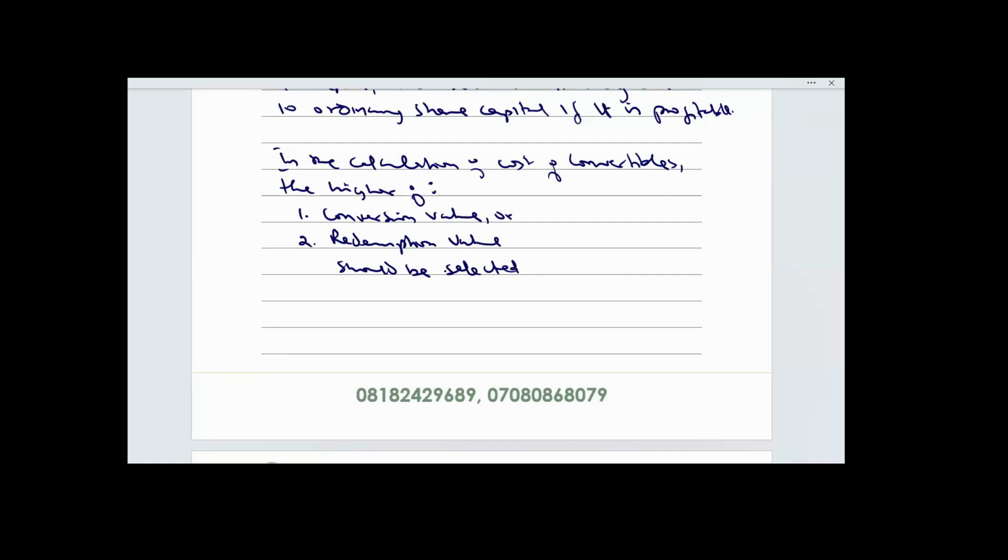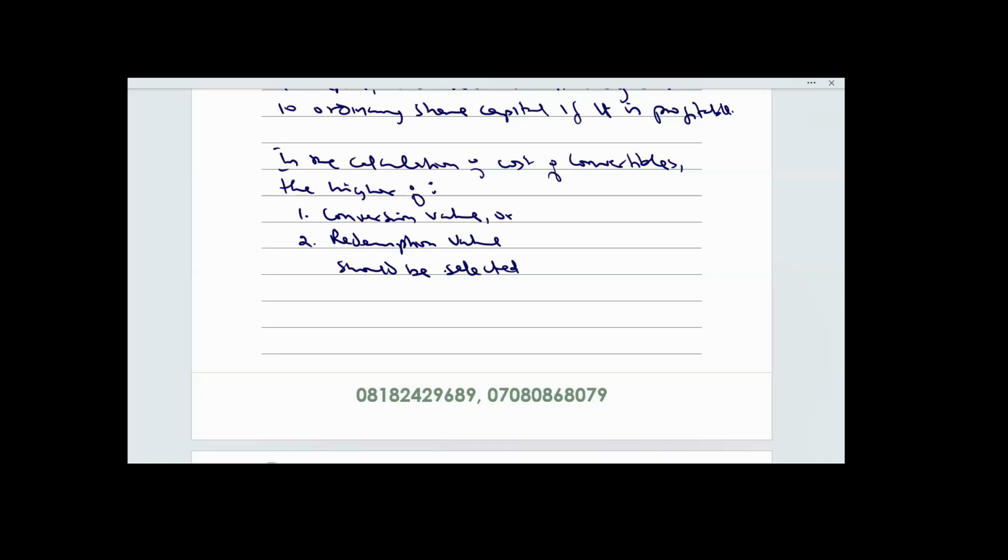Now, where you have the redemption value, if it is convertible securities, instead of redemption value, you are going to put conversion value. You will only do that if the conversion value is higher than the redemption value. But if the redemption value is higher, then of course the investor will not convert to ordinary share capital. They will just allow the security to mature. Then after that, they will just redeem their principal.